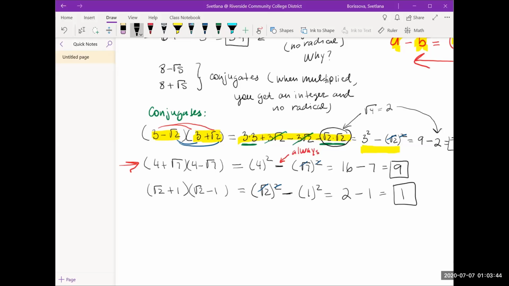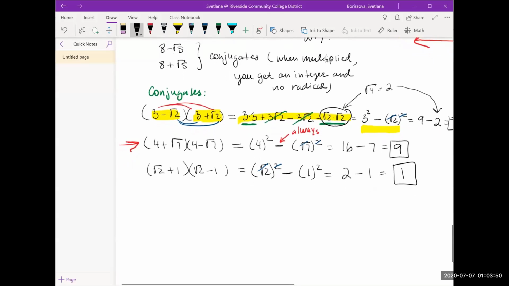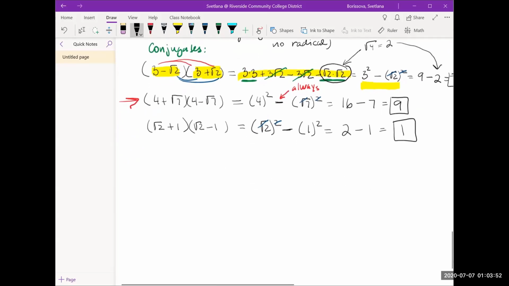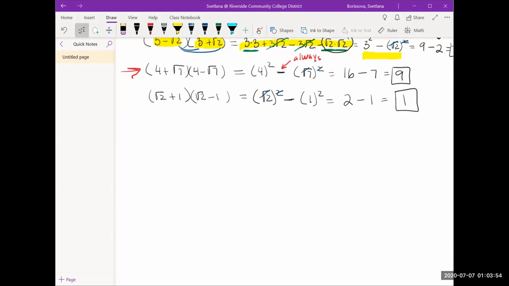And the last portion is kind of division, but it's actually called slightly differently when we deal with radicals. So let me show you. I'll start with an example.